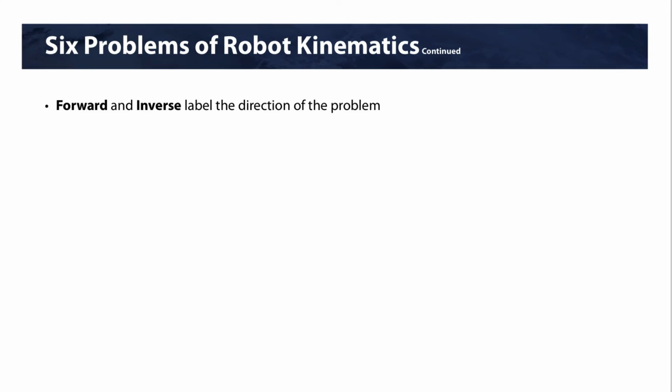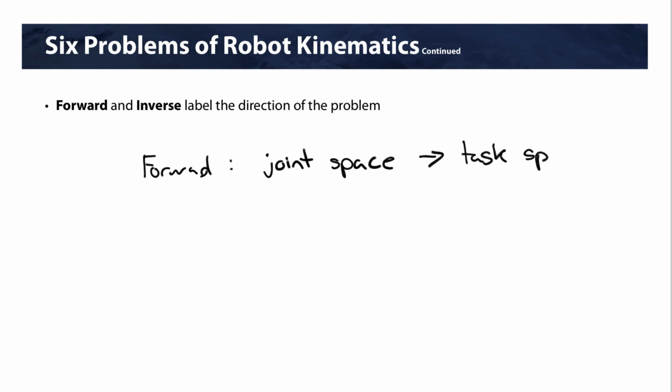So when we're talking about our robot kinematic problems, forward and inverse are used to label the direction of the problem. So in terms of a forward problem, this is where we'll be given the joint space variables, and we're trying to figure out the task space.